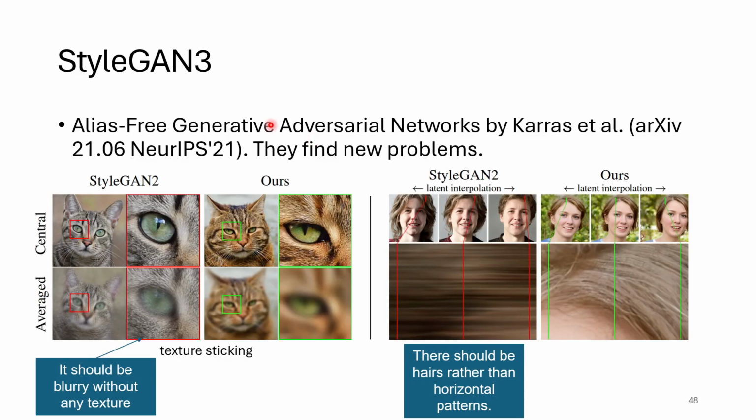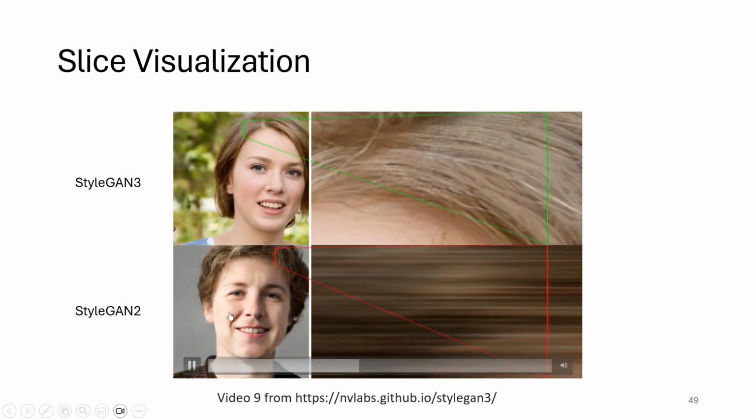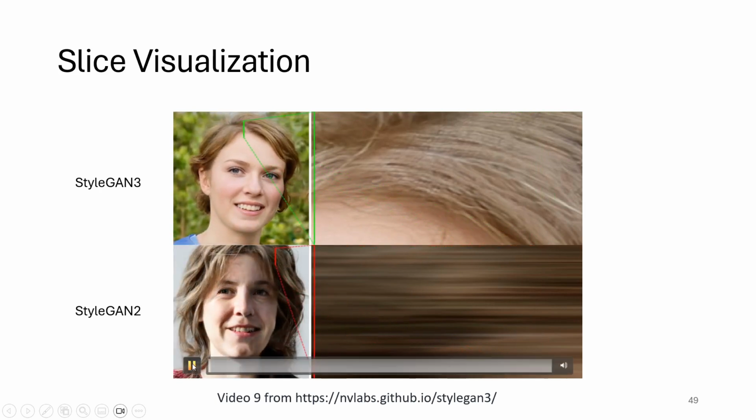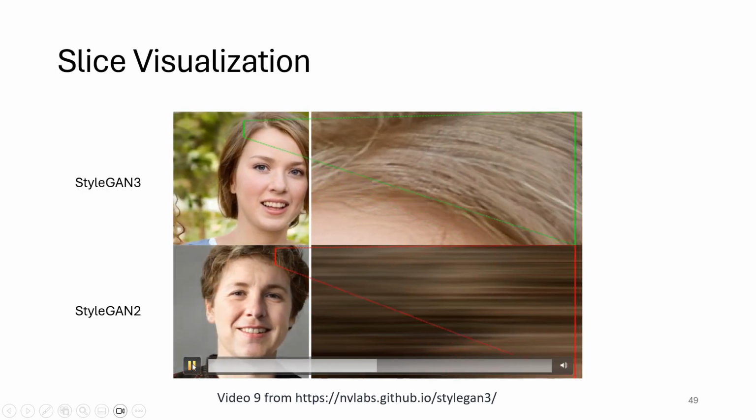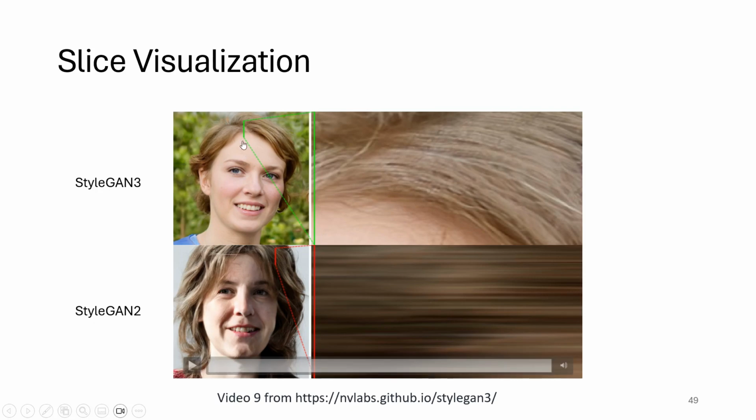It is called aliasing. Let's see this example. You see a lot of images here. What does it mean? It means you slightly alter the input signal Z, then StyleGAN V3 will generate an ideal case.